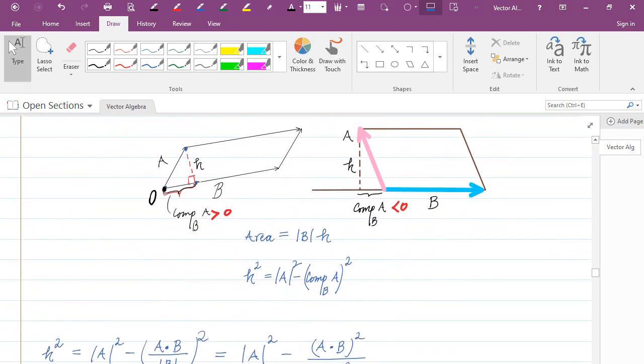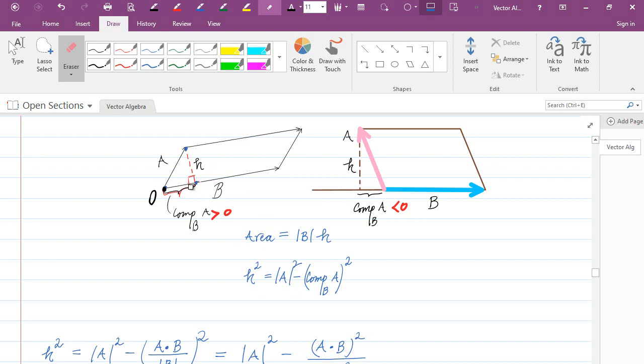So here is the idea. The area would be the length of B times the height H. Now what is H? Well, in this right triangle, if I apply the Pythagorean theorem, then I see that H squared would be the length of the hypotenuse squared. Here the hypotenuse is the length of A, minus this side here.